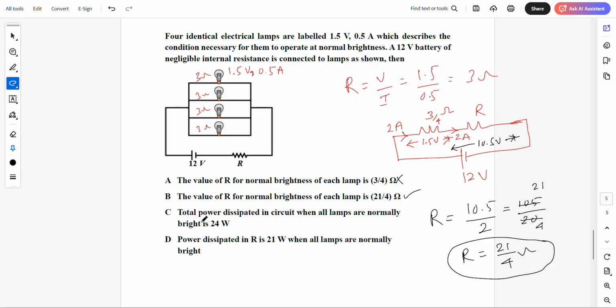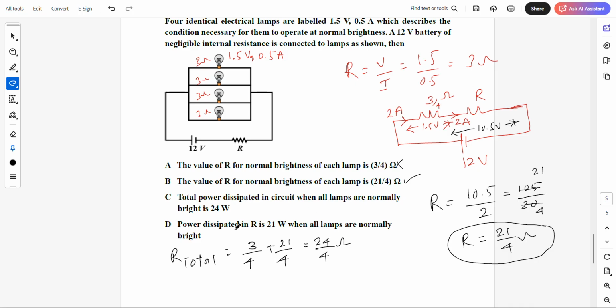Next is total power dissipated in circuit when all lamps are normally bright is 24 watts. Now, what is R total here? R total is equal to 3 by 4 plus 21 by 4, that is 24 by 4 ohm. They have given total power dissipated.